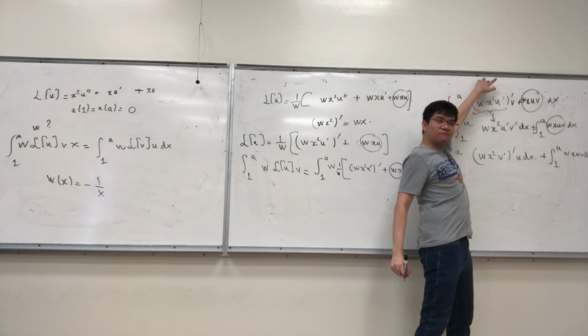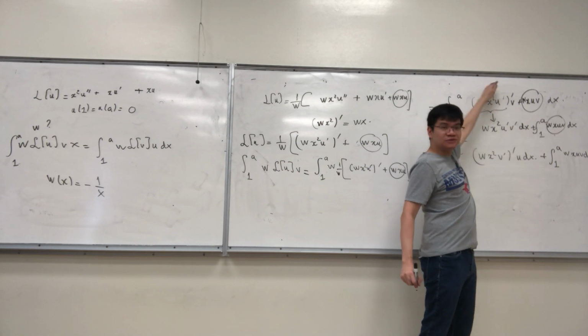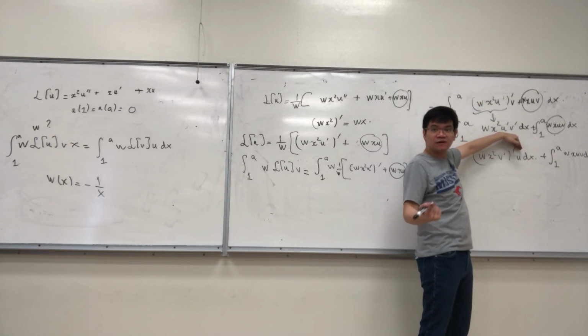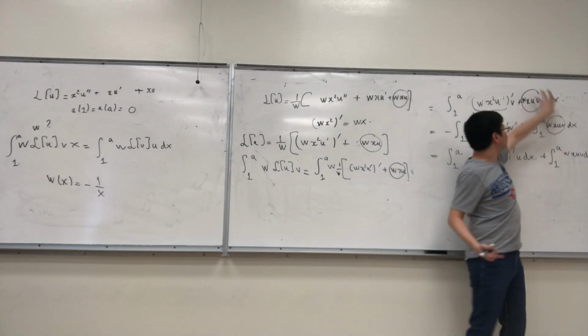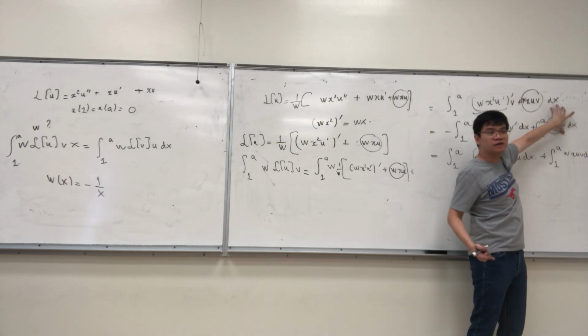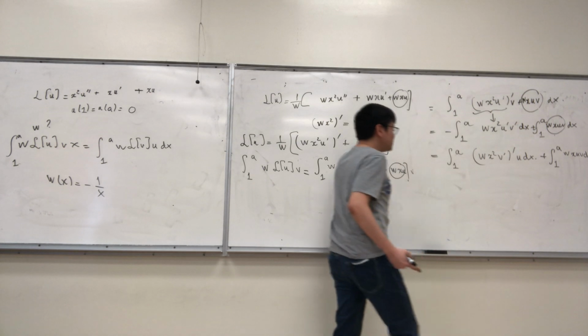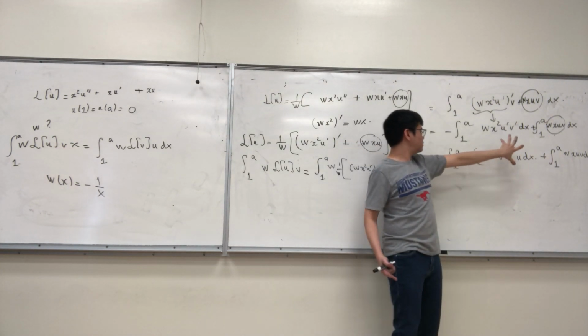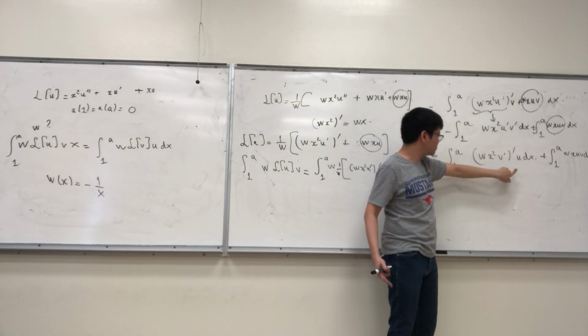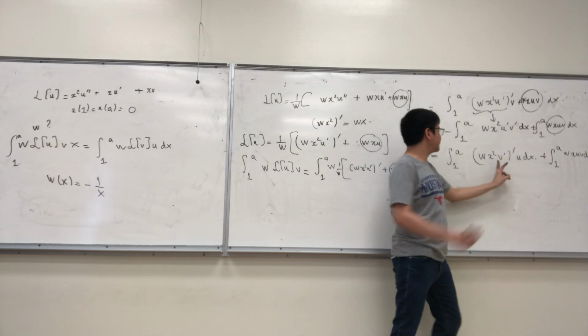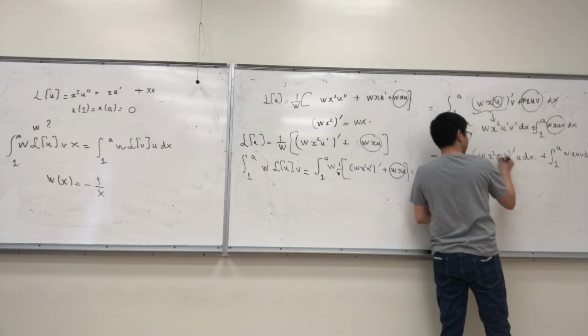From this line to this line I use integration by parts like in the previous one. But here I don't have any derivative, so I still keep it. From the previous step, I know that this is also equal to this one, in which you swap u and v.